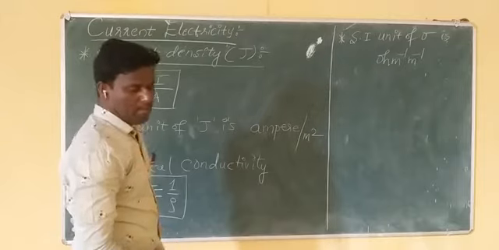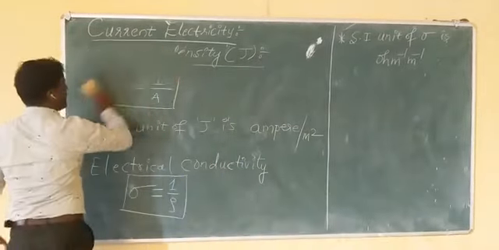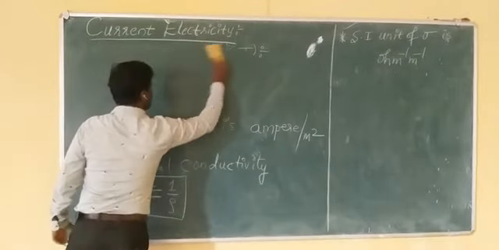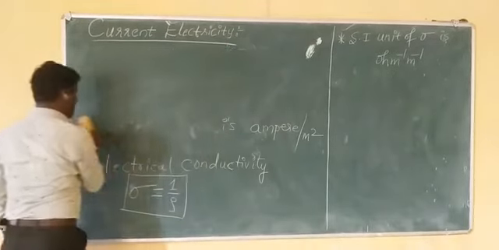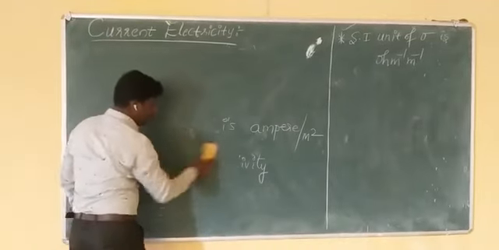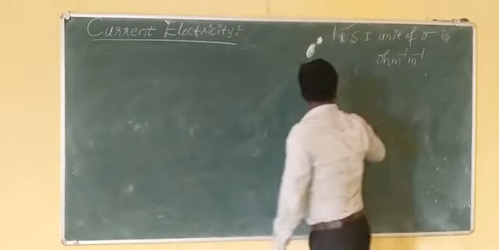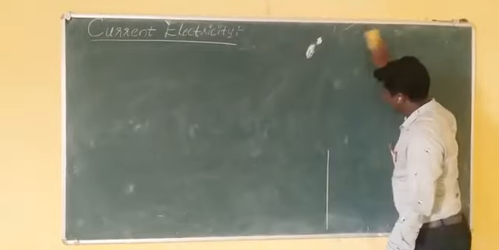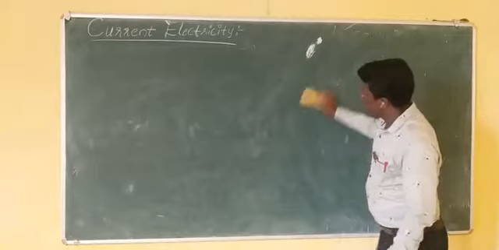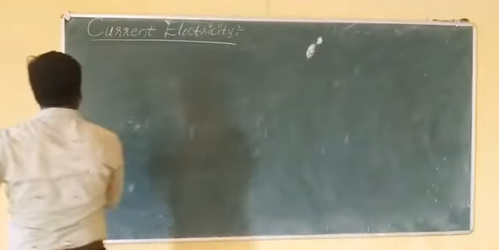So now I am going to tell a derivation, that is the relation between J, sigma and E. What is the relation between electrical conductivity, current density and electric field?